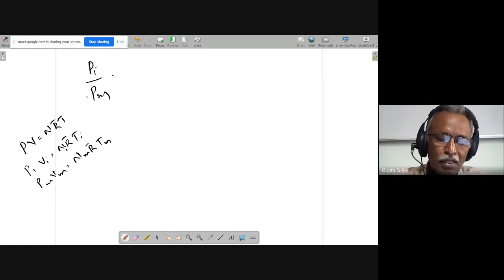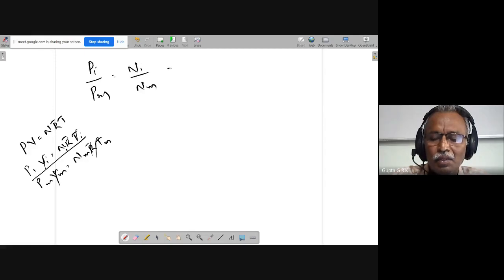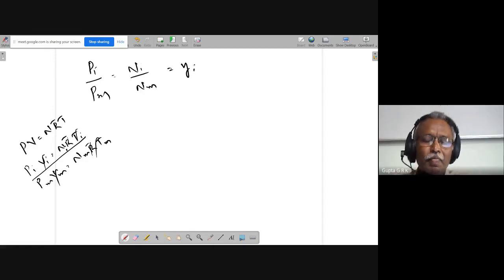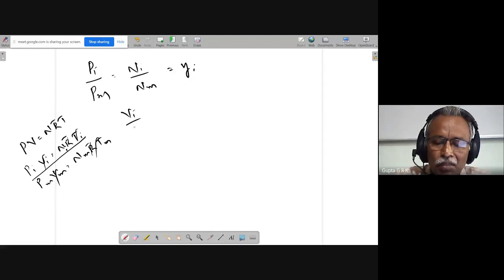If I divide one by the other, Vm and Vi get cancelled, Ti and Tm get cancelled, and R bar is the same. So this is equal to Ni by Nm, which is equal to yi. In the same way, for Amagat's law, Vi by Vm, the pressure and temperature get cancelled. So Vi by Vm is also equal to Ni by Nm, which is equal to yi.